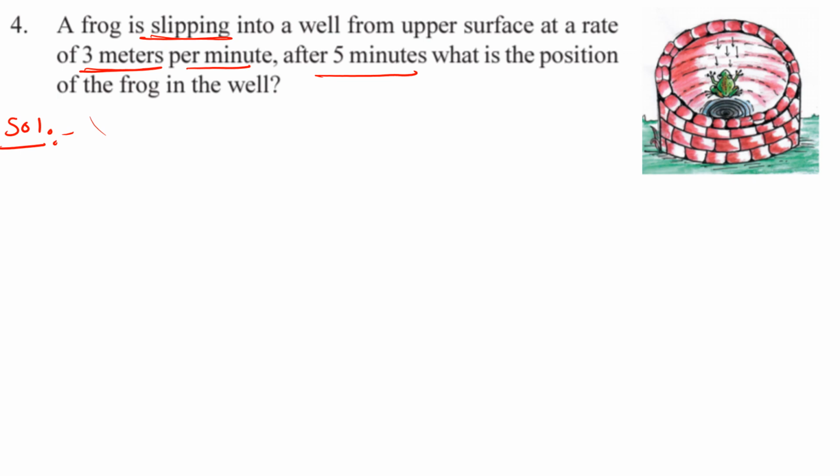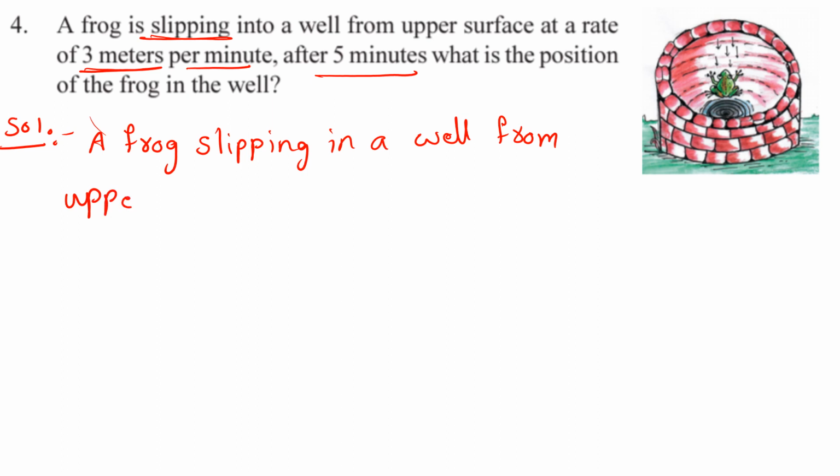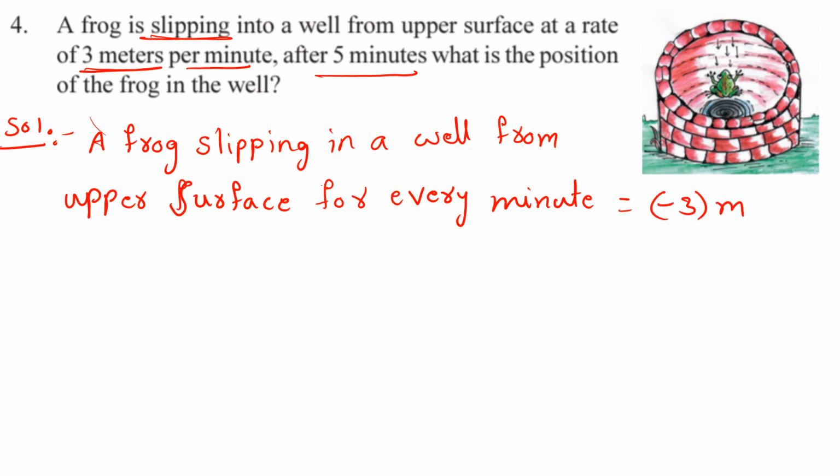Write that a frog slipping into a well from the upper surface for every minute is equal to, so that is negative, right? Minus 3 meters. So write that minus 3 meters.